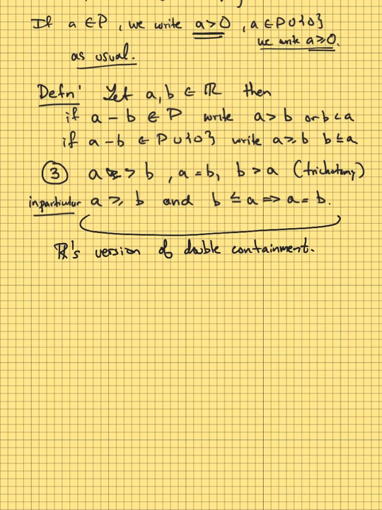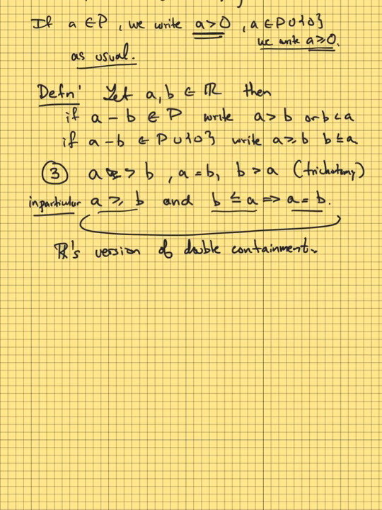Well, in the real numbers, if one real number is greater than or equal to another, and also less than or equal to it, then they have to be equal. And this is how you usually end up proving that two real numbers are equal. You show that each one is less than or equal to the other.